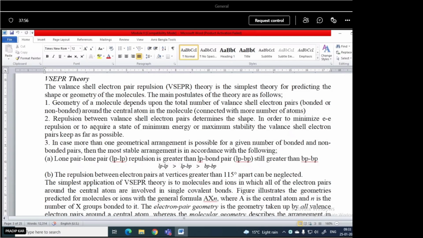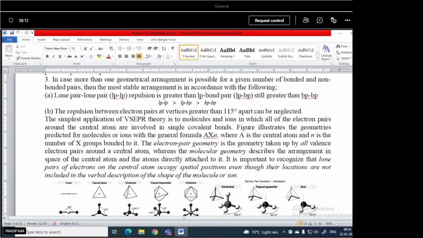For two lone pairs, the repulsion is highest. For one lone pair with a bond pair, the repulsion is a little less. And for bond pairs, it is minimum. Repulsion between electron pairs at angles greater than 115 degrees can be neglected. So if the angle is more than 115 degrees, we may consider no repulsion.